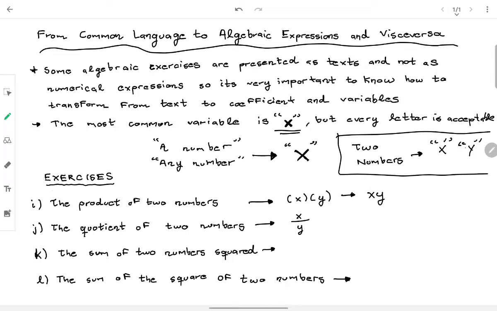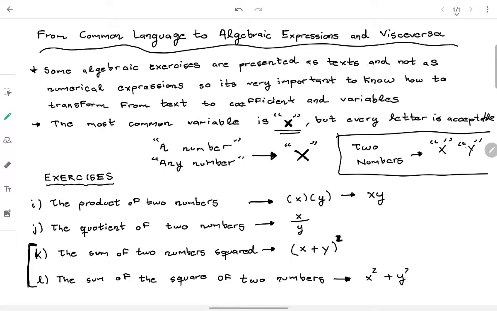The next one, look at these two of them because they can get a little tricky. The first one says the sum or the addition of two numbers squared. That means the addition is the one that is squared. In the other one, it says the sum of the square of two numbers. That means each number is squared.